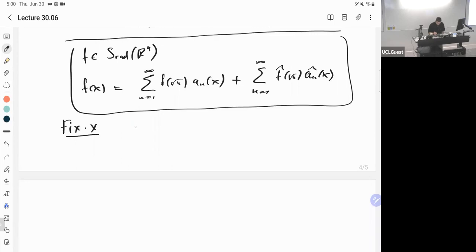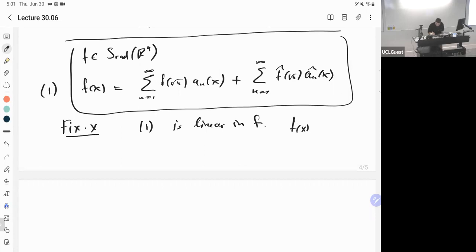This identity 1 is linear in F, and we want to prove it for all radial Schwartz functions. If we pick a nice family of test functions which have dense span, then this will be enough. And this nice family is just the complex Gaussians.